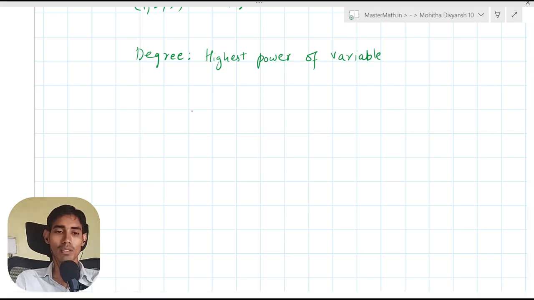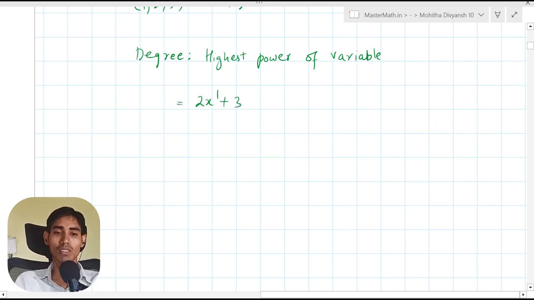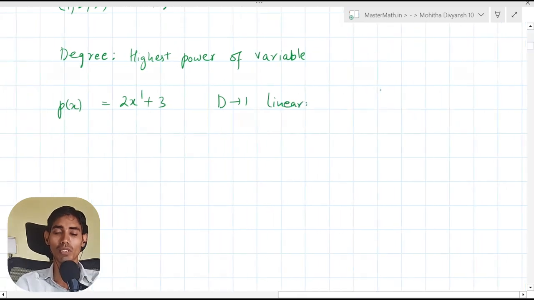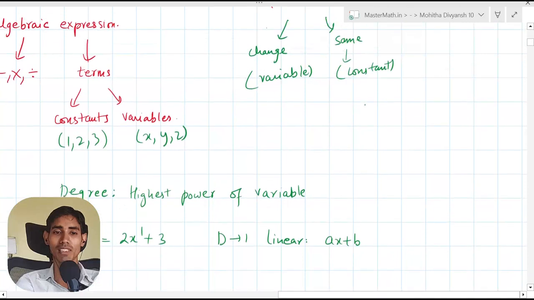So suppose we'll take a simple example, 2x to the power 1 plus 3. So this is linear, degree is 1. It's linear, and we need to remember the standard form for this: ax plus b, a not equal to 0.